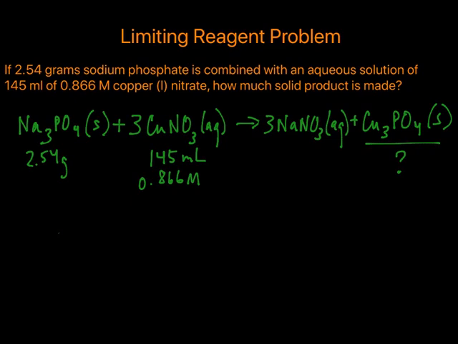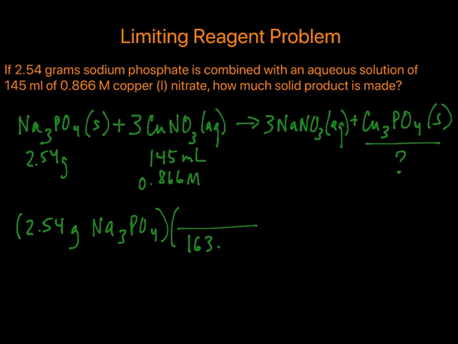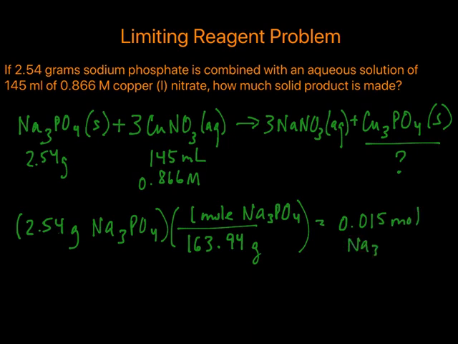To figure out how many moles of sodium phosphate we have, we take 2.54 grams of sodium phosphate, and we divide it by its molecular weight, which is 163.94 grams per 1 mole of sodium phosphate. And this will give us 0.015 moles of sodium phosphate.